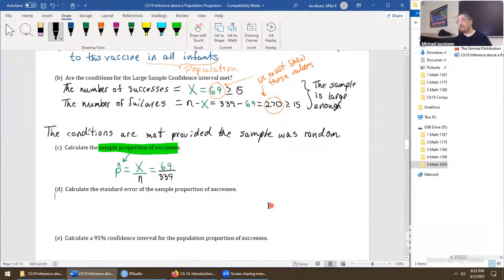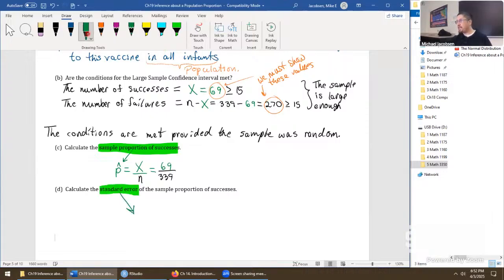Next part is the standard error of the sample proportion of successes. So this part right here, trying to decide on a good color for this one. Let's go with, how about, green again. For the standard error right here, the symbol that we use to give it a name is SE. That's a standard error of something different from before. It's the standard error of p hat itself.